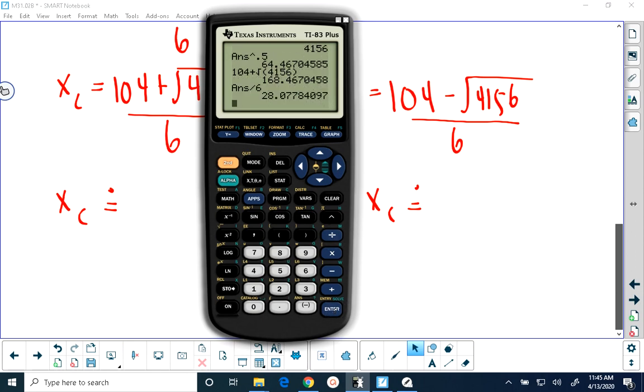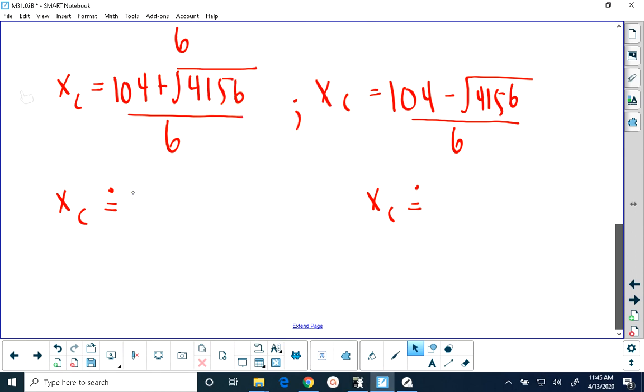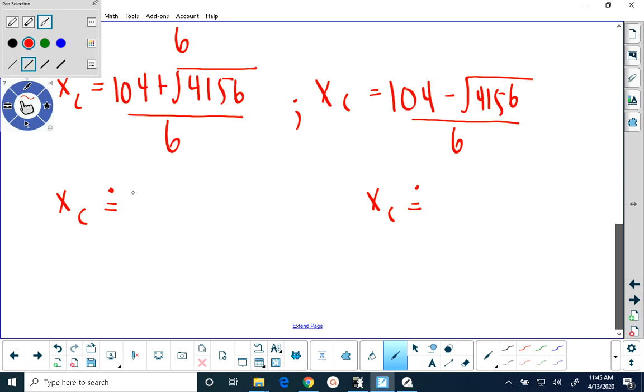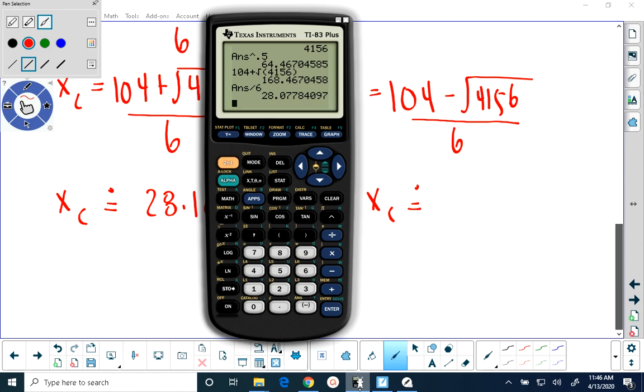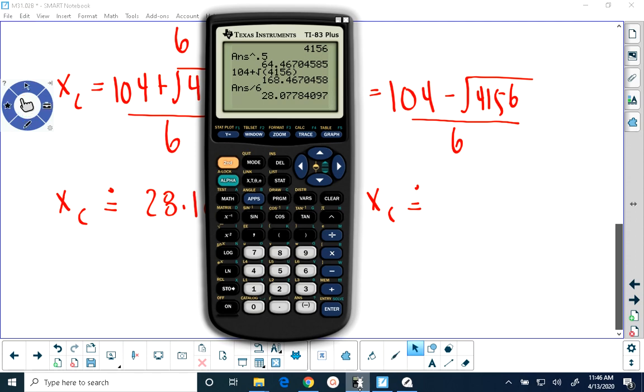So we get approximately 28.1 centimeters. And then for our other critical number, we're going to have 104 minus the square root of 4156, then divided by 6, which gives me 6.6 centimeters, approximately.